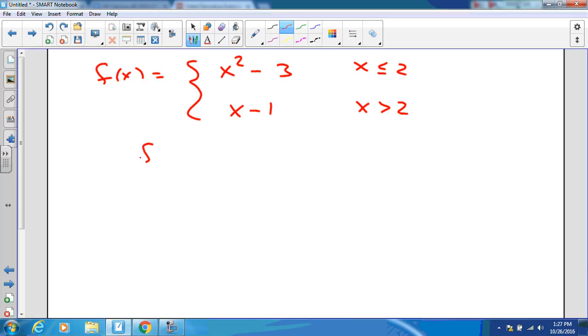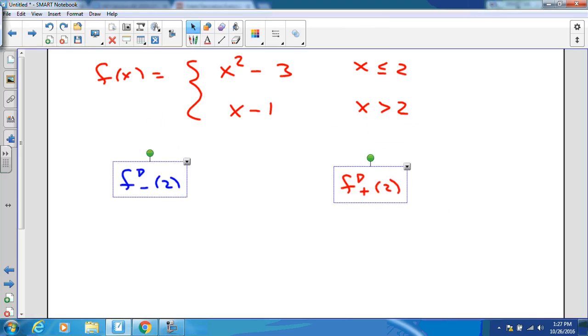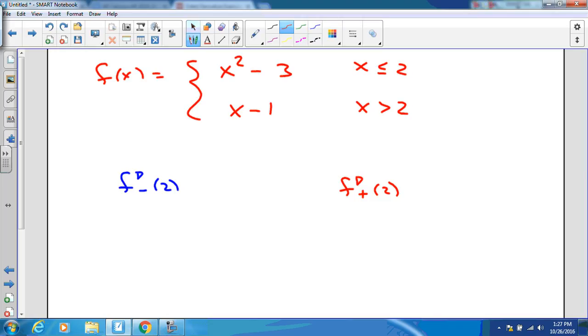And now they ask us to find the derivative from the left at 2 and the derivative from the right at 2.